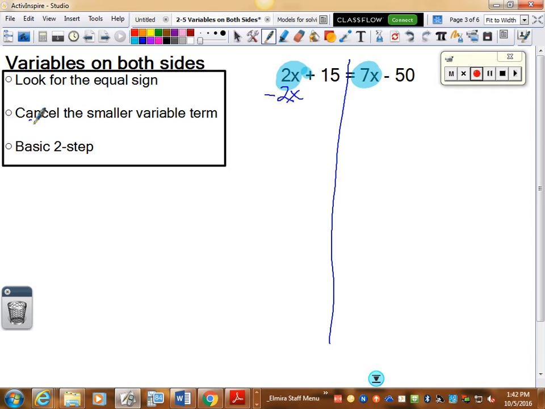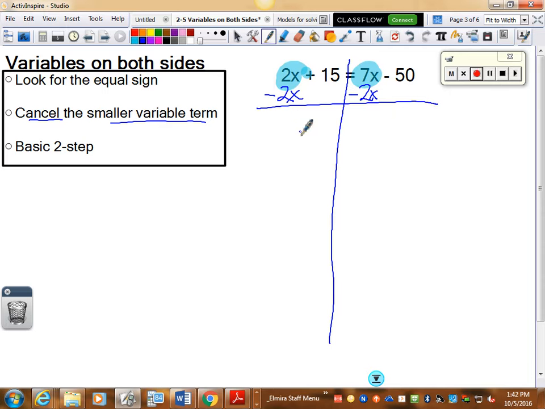It is going to get canceled, the smaller variable first. However, 7x has to lose some of its soldiers too. Some of you are thinking, okay, I'm going to do 7x take away 2x is 5x, and that's the first math that you're doing in your head, arithmetic. However, don't put 5x first.